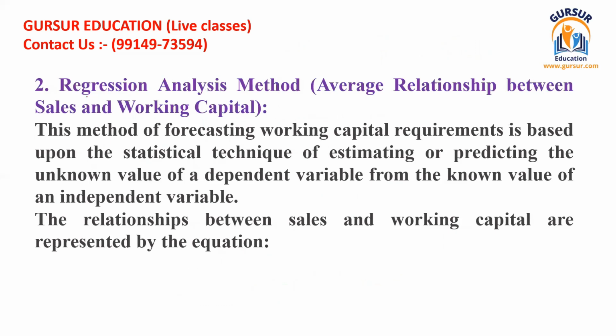The next is a very important and very logical method. This is known as the regression analysis method, or average relationship between sales and working capital. Here again, the relationship between sales and working capital is seen, but not on the basis of a specific proportion or percentage; it is seen on the basis of regression analysis.